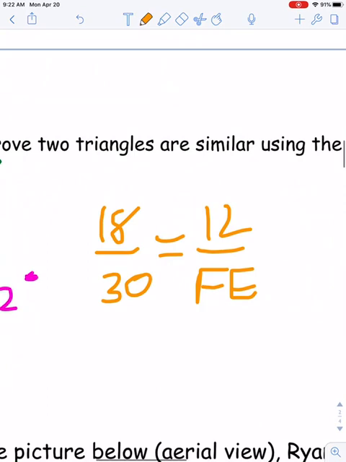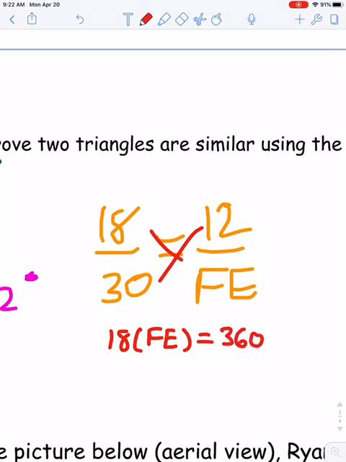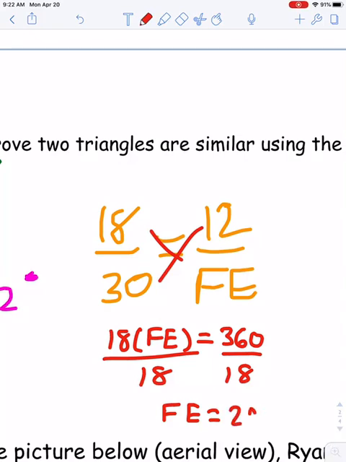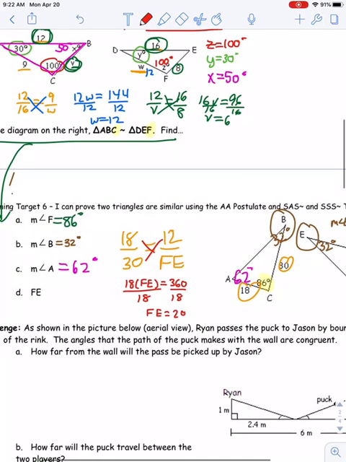If you can set up this proportion in orange, you're in incredibly good shape. Just cross multiply. And then we're going to see that it equals 20. Yippee.